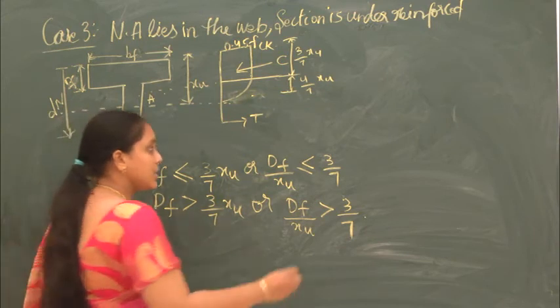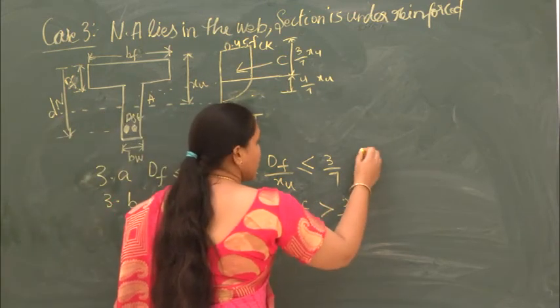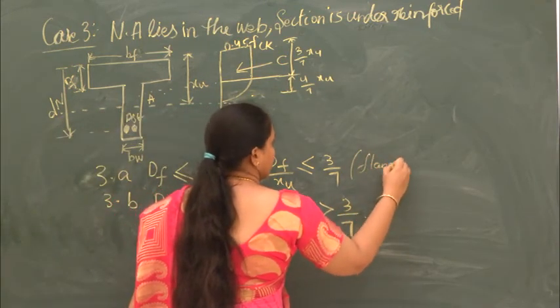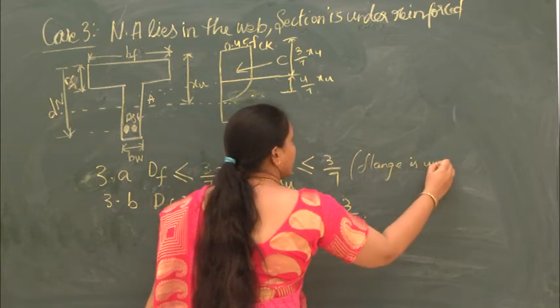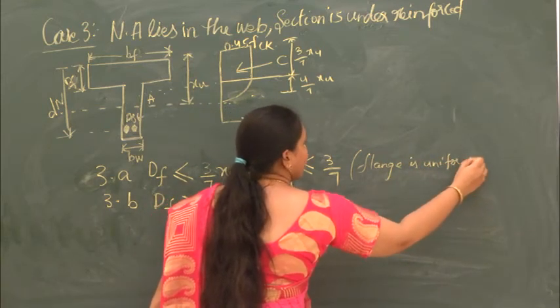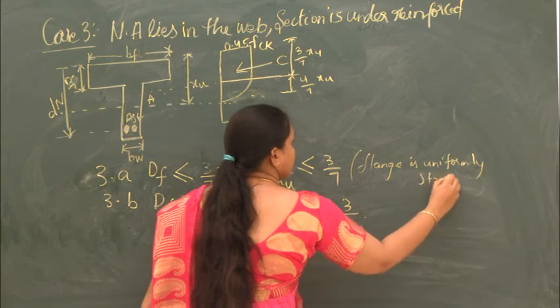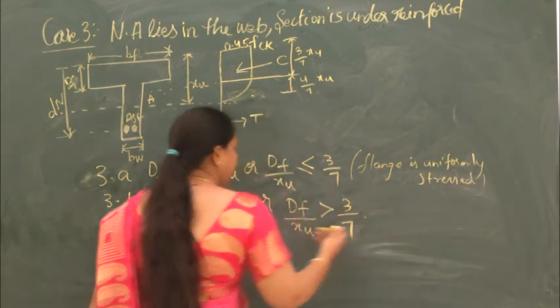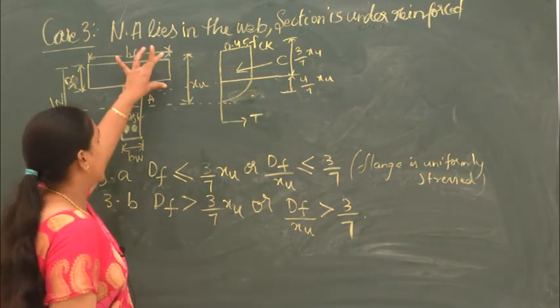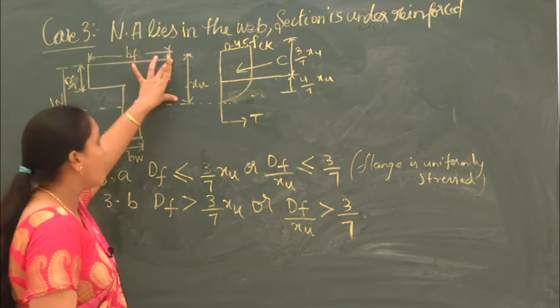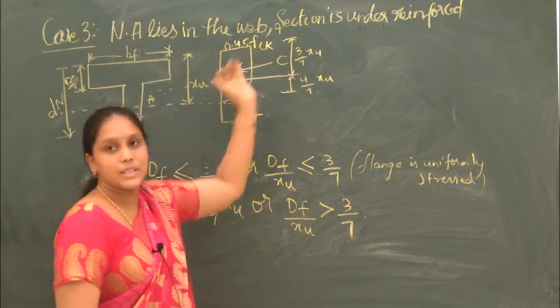This is one condition where the flange is uniformly stressed. And the other case is when the depth here is more than 3 by 7 xu.